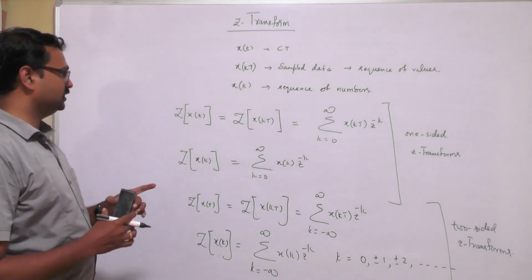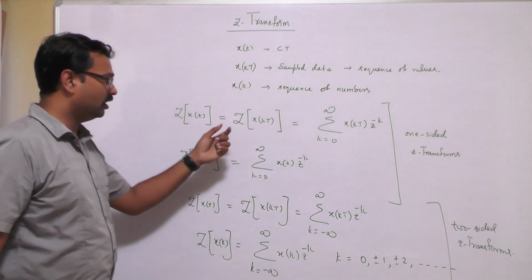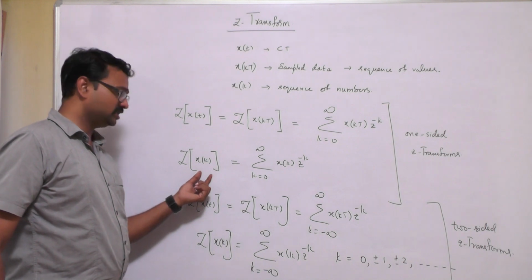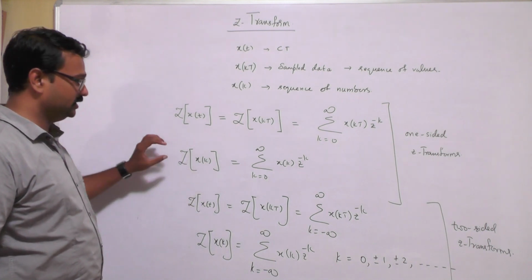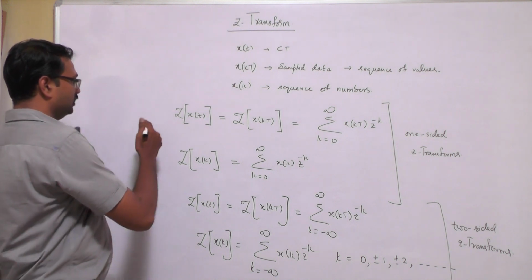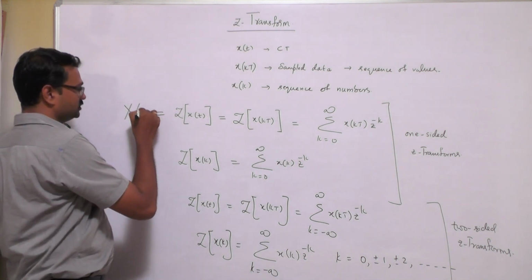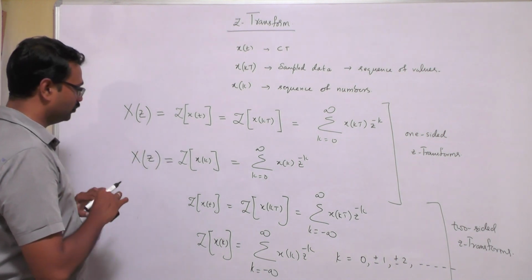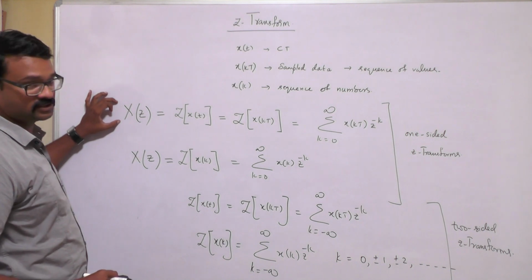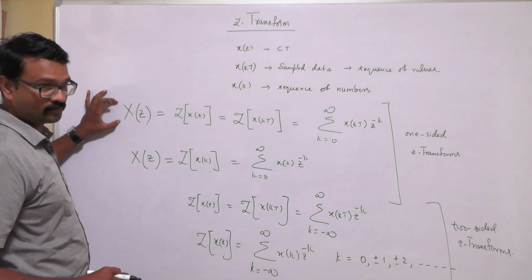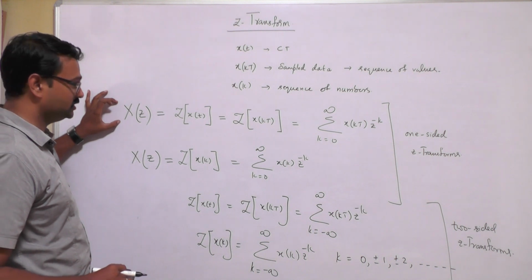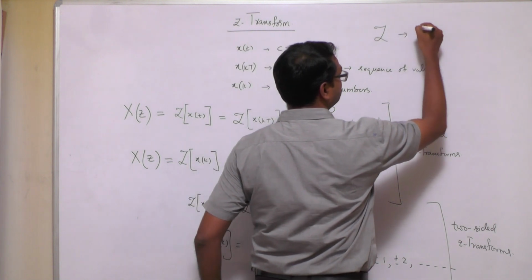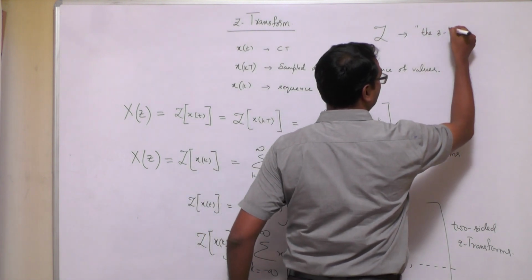When you represent any continuous time signal, any sampled data signal, or any sequence of numbers in terms of the Z transform, you can call that capital X of z, where X of z is the Z transform of x of t.